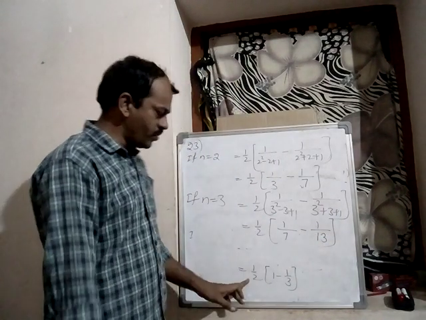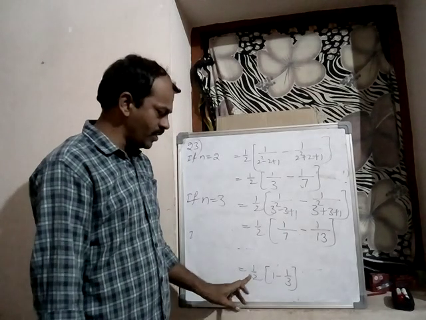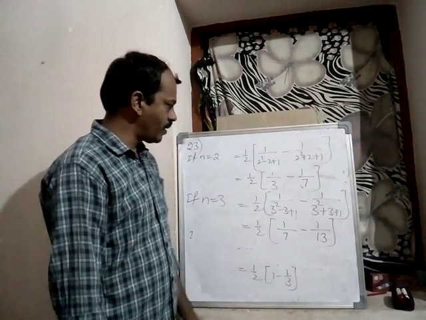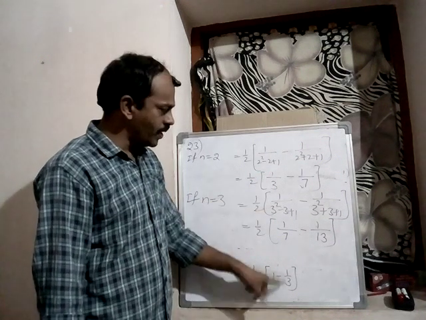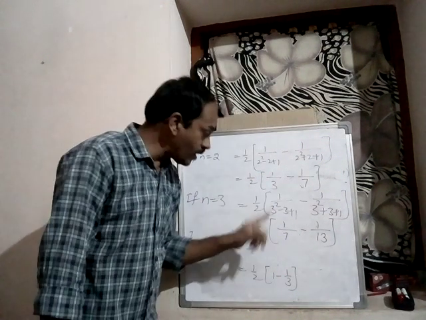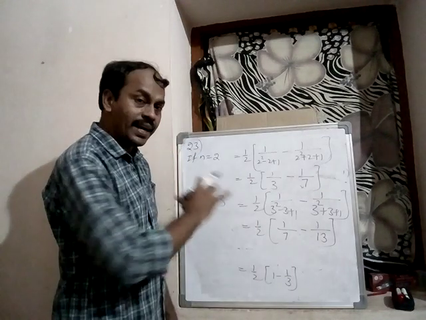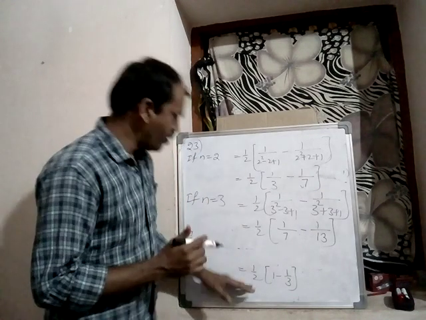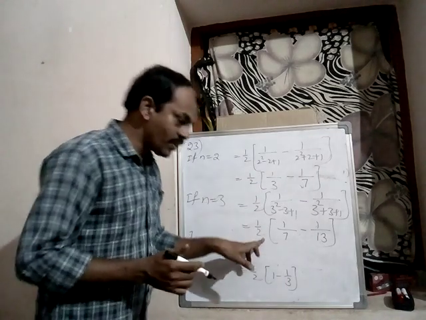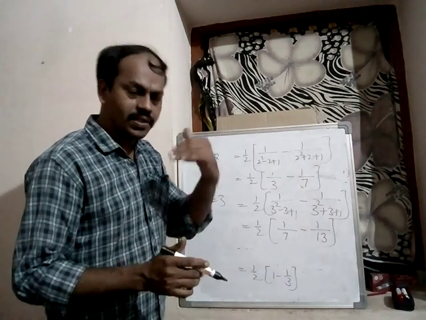Here the first term is half into 1 minus 1 by 3, the second term is half into 1 by 3 minus 1 by 7, and the third term is half into 1 by 7 minus 1 by 13. So for the sum of n terms, first term plus second term plus third term plus fourth term plus fifth term, like that.